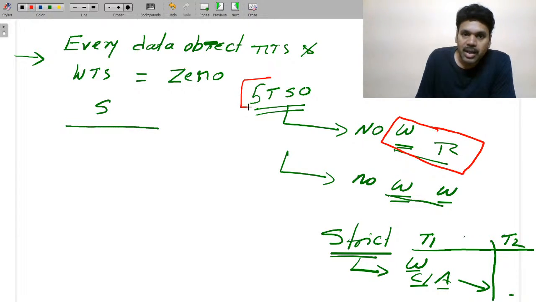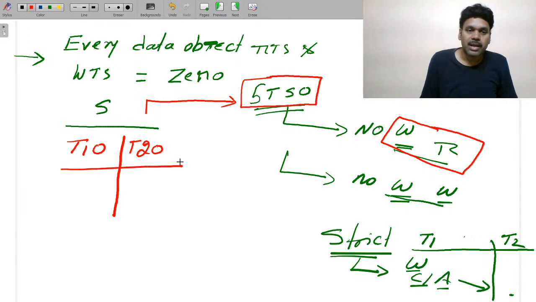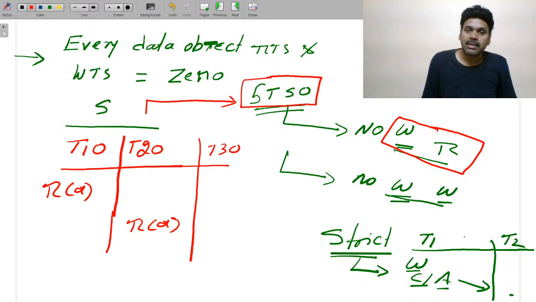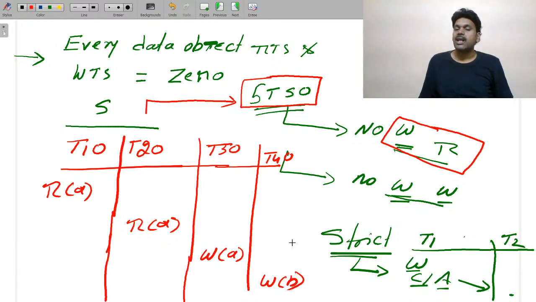So come here, I am following the STSO protocol. T10 and T20. Now look carefully: R of A, R of A, and 30, W of A. Please observe, friends, 40, W of B. Is it allowed in STSO?